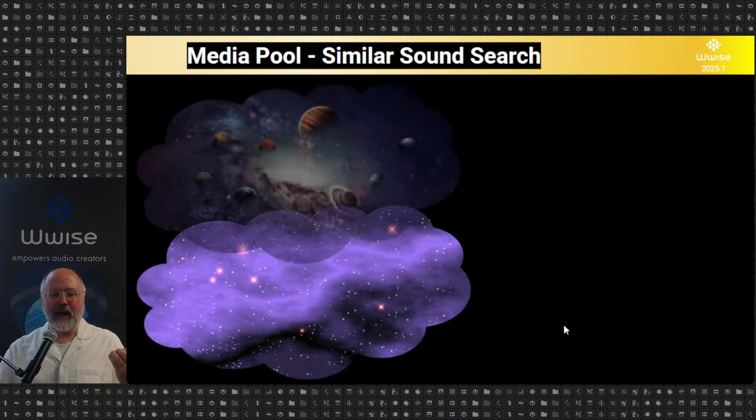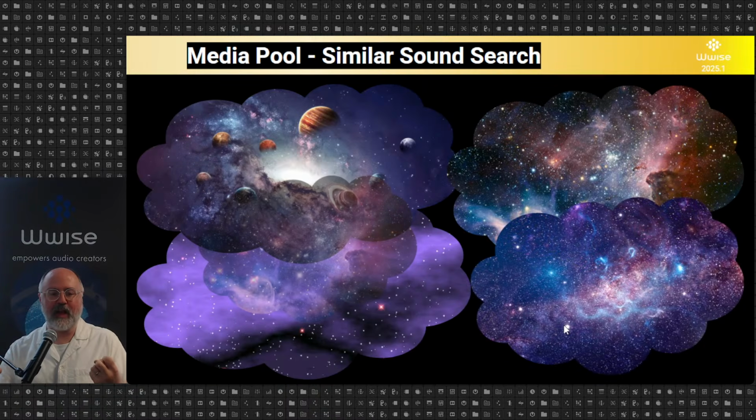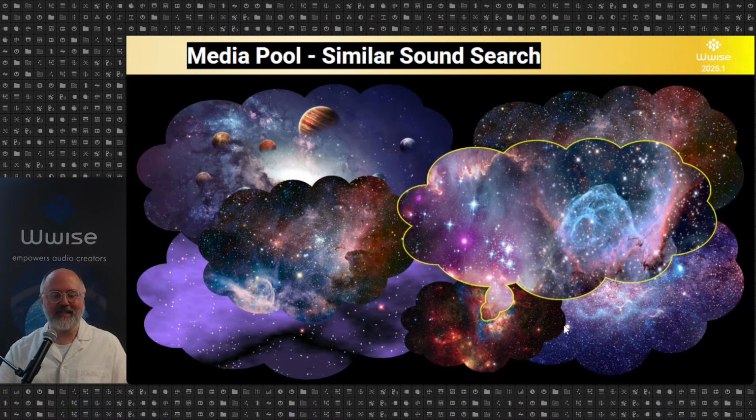And really, this is about trying to understand your sound libraries, whether you have done the extensive tagging yourself or not. We all know that there are corners of our library that we can't quite reach with a traditional text-based search.